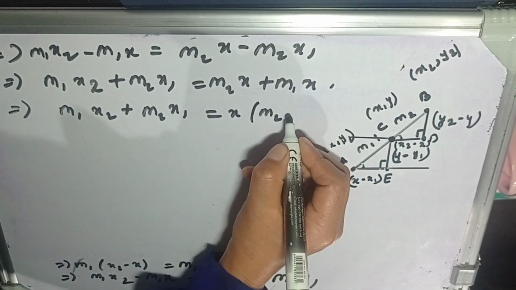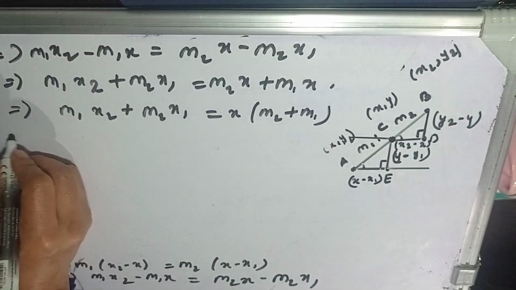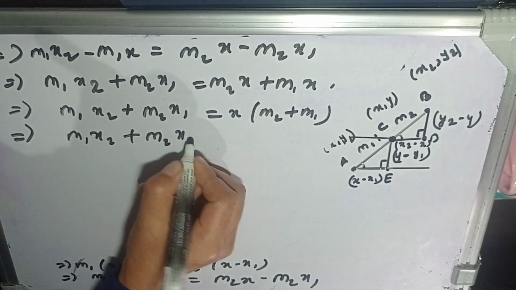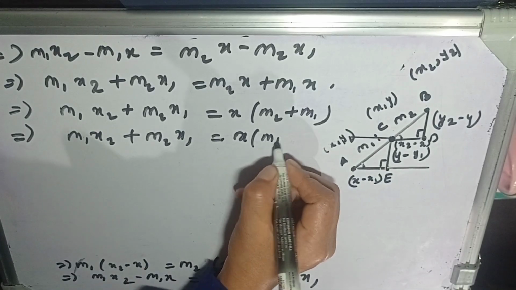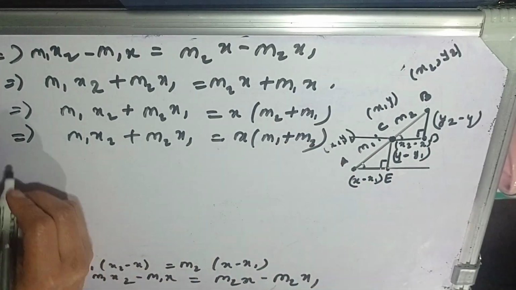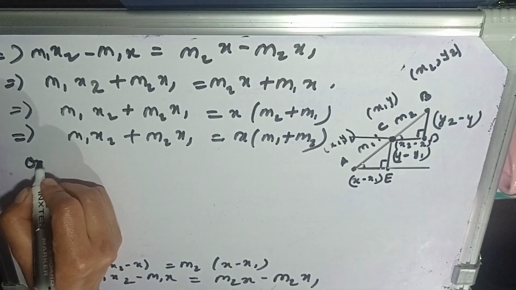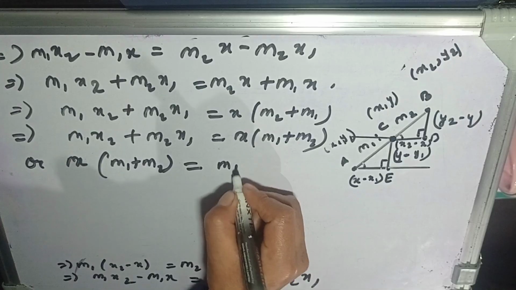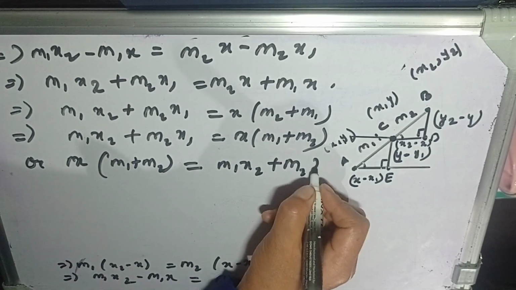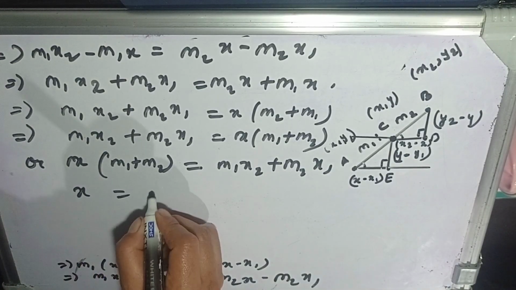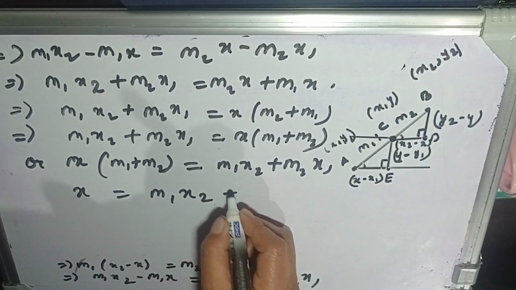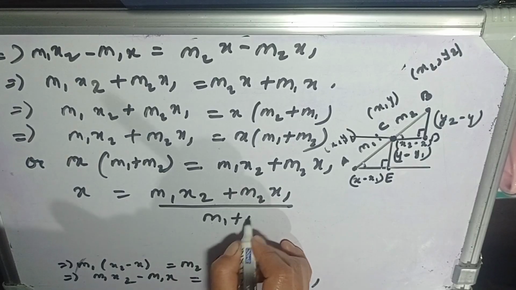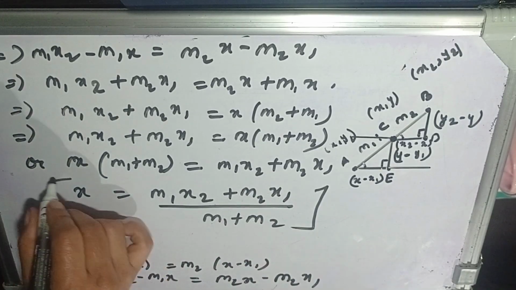So x times m1 plus m2 equals m1 x2 plus m2 x1, so x equals m1 x2 plus m2 x1 divided by m1 plus m2. This is our first equation.